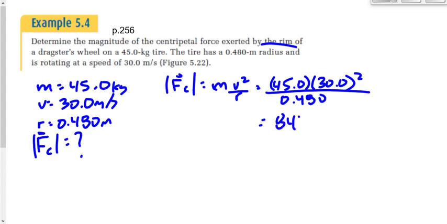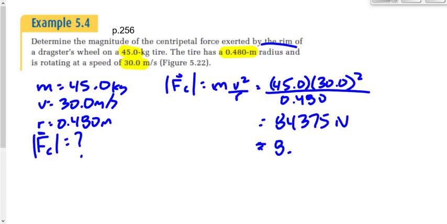84,375, which we're going to round to how many digits? How many digits? What do we got here? This is 3. This is 3. The 0 at the beginning doesn't count. Final answer should be? Good, 3 digits. We always go 8 point.